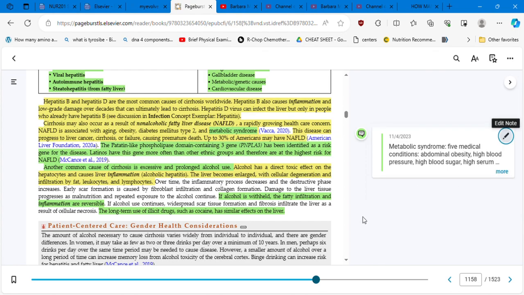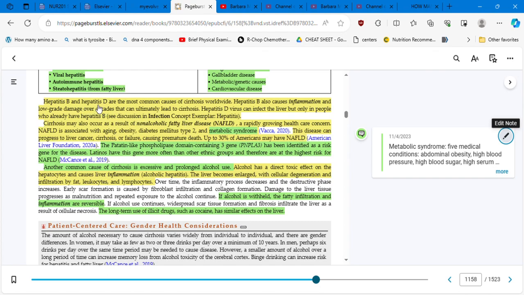Okay, let's say you have the abdominal obesity, high blood pressure, and high triglycerides. You are already having a metabolic syndrome, and with time, you're going to develop multiple chronic conditions. This cirrhosis or hepatic conditions or fatty liver is one of them.